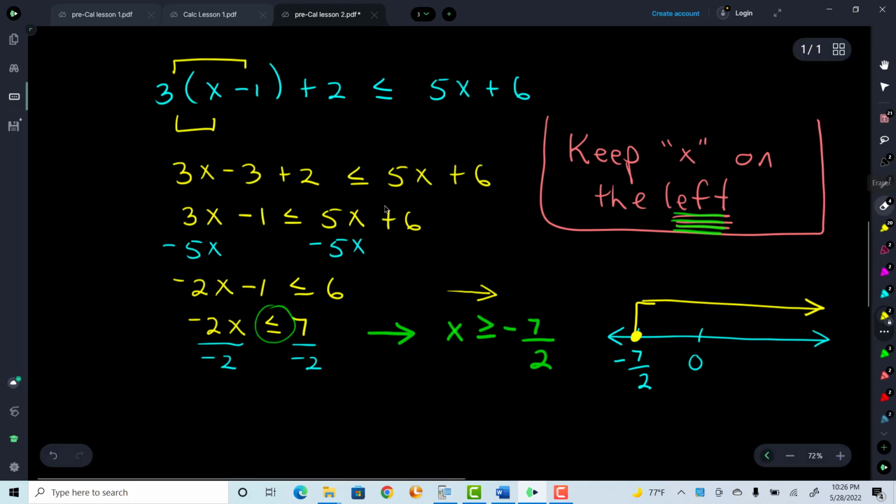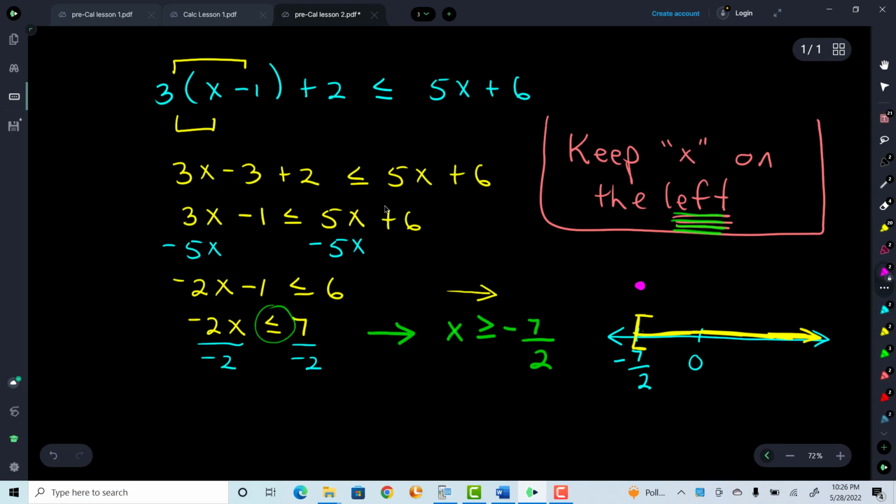Well, now we're going to use a slightly different notation. Instead of using a circle, I'm going to use a bracket like this, and then I'm going to point my arrow this direction. This is the same thing as what we learned in Algebra 1 or Algebra 2, right?